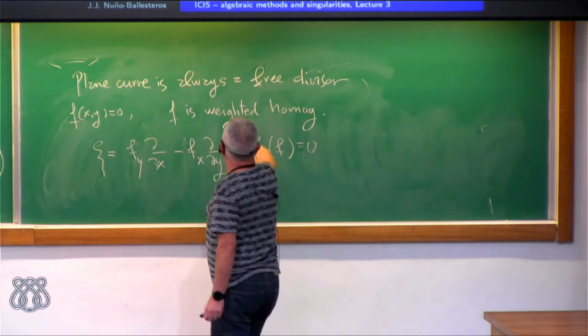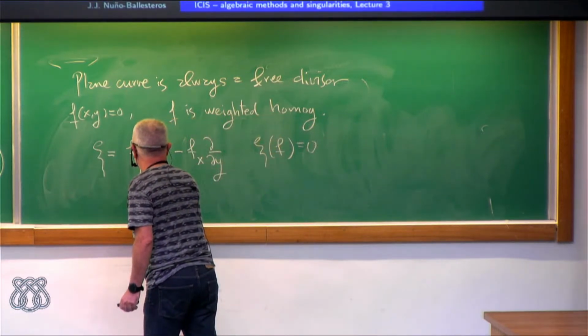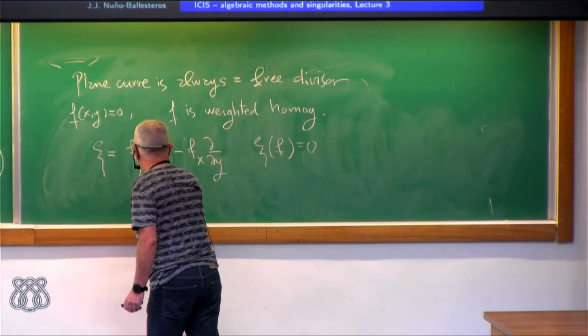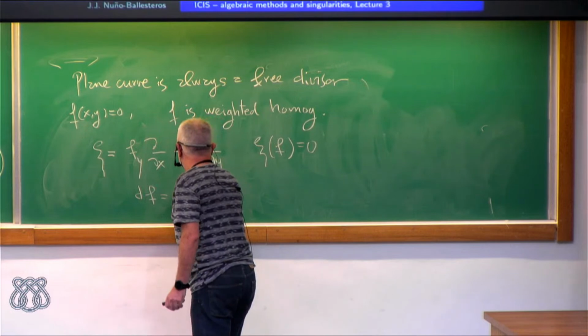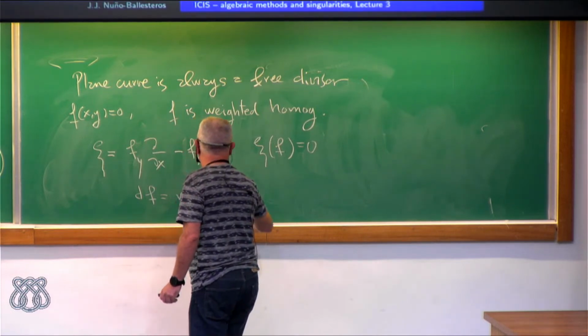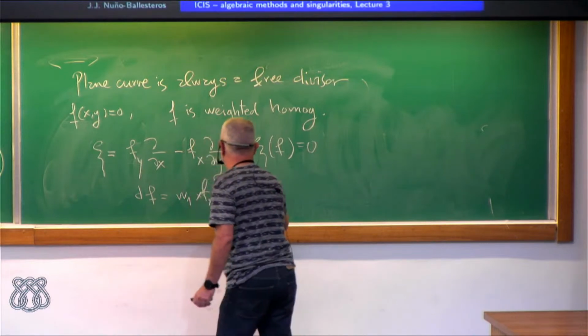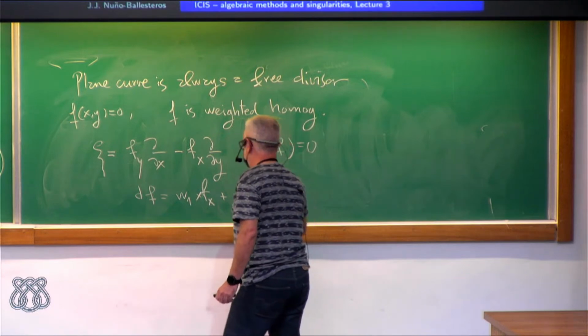But because it is weighted homogeneous, you also have the Euler relation. The Euler relation says that the degree times f is equal to w1 x f_x plus w2 y f_y. This is the Euler relation.